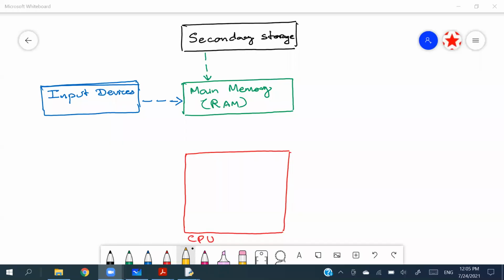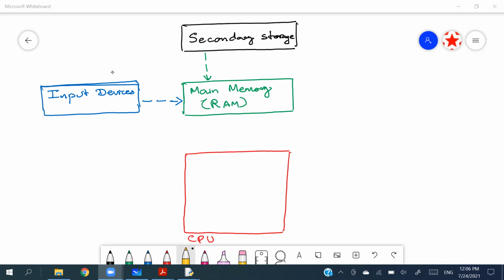So once we have the data and instruction on the main memory, it's going to send to the CPU, because the CPU is the one which executes the instructions, right? To execute this instruction, it uses three different components, actually two different components. The third one is involved for minimal time.